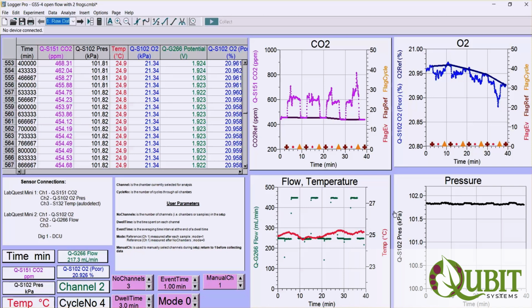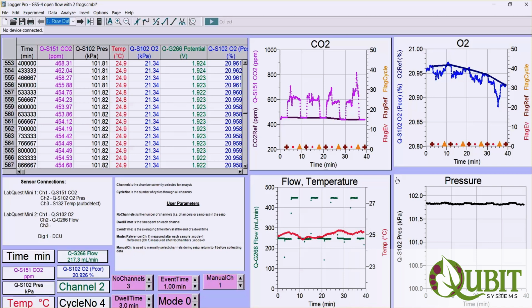We've got raw data here shown, CO2 and oxygen in graphs and in table format, and then flow rates and temperature of that probe, plus pressure, absolute pressure at the site of the oxygen sensor are also plotted.